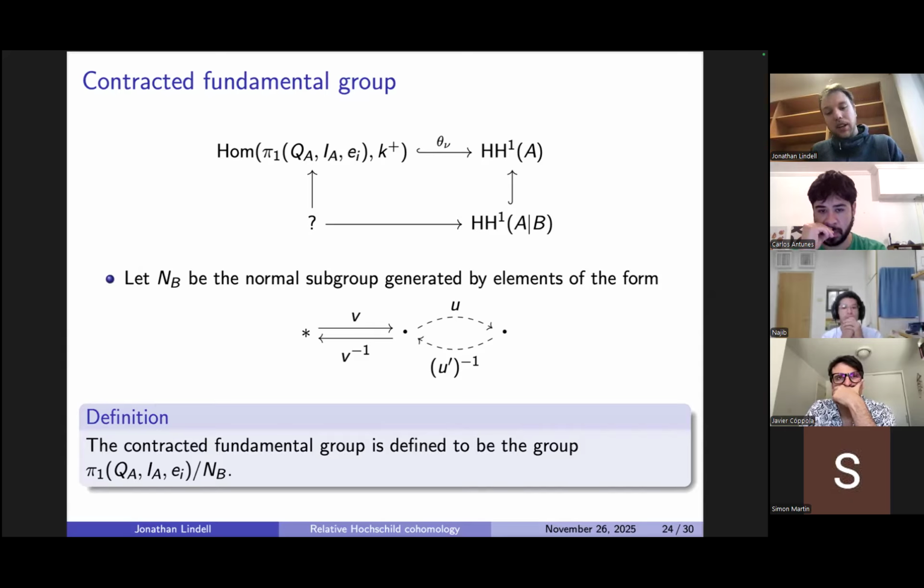So what we're doing is locally contracting all the B parts. It's not like we're identifying everything in B to be the same, but just locally filling in or contracting whatever is there.